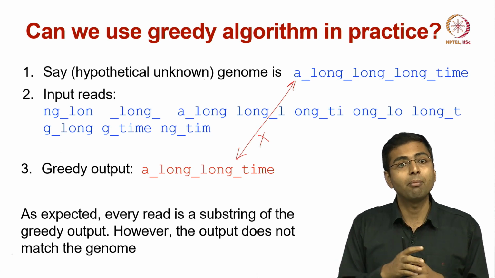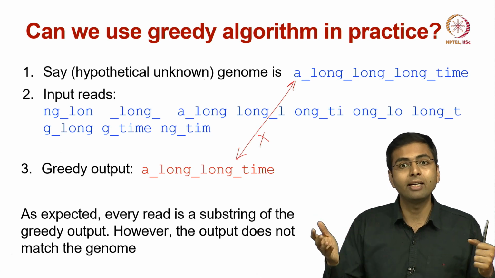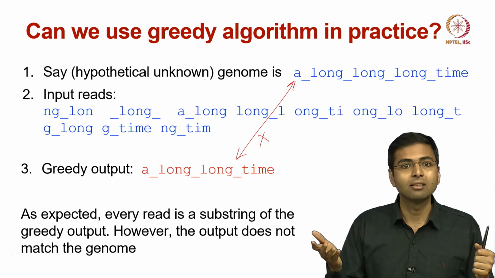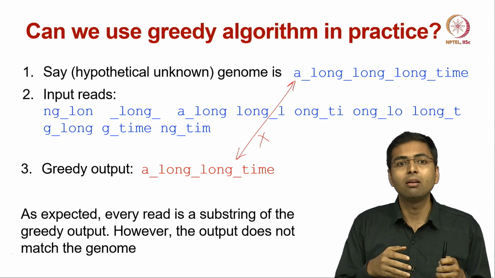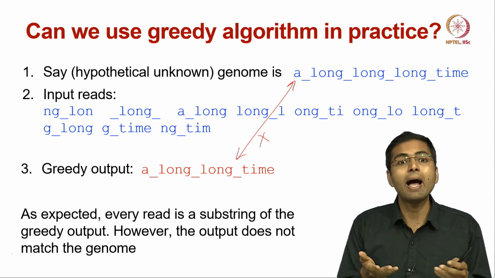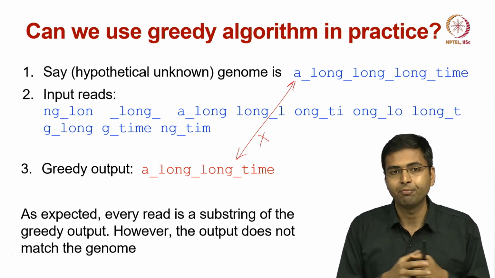So maybe they have some expectation that the genome length is x and your genome length is significantly less than x, then maybe they will report back that your output is incorrect.